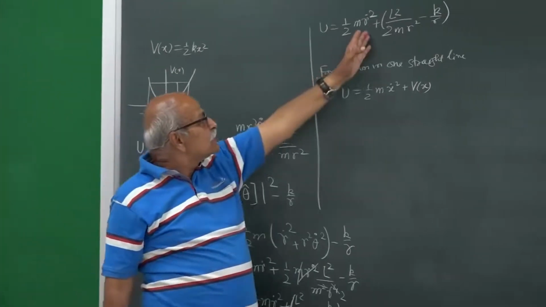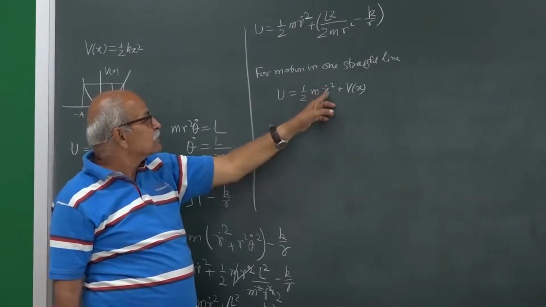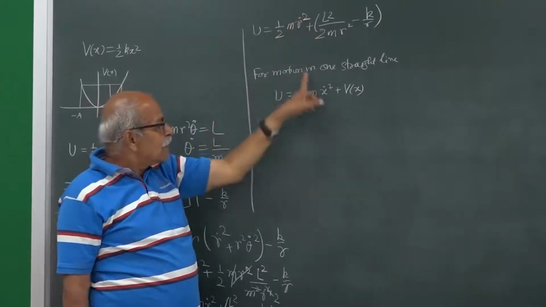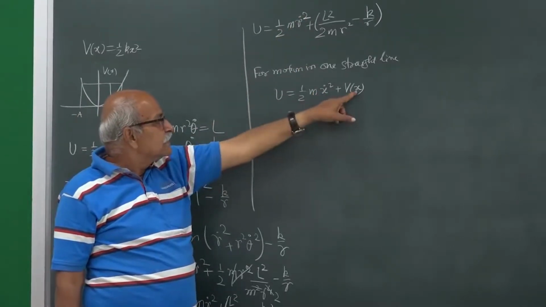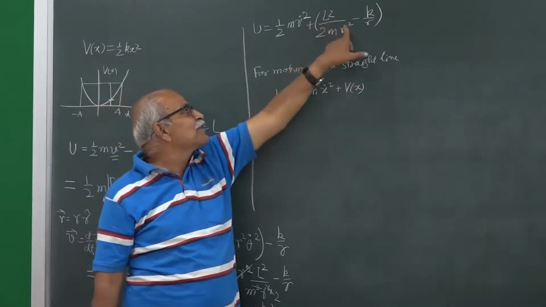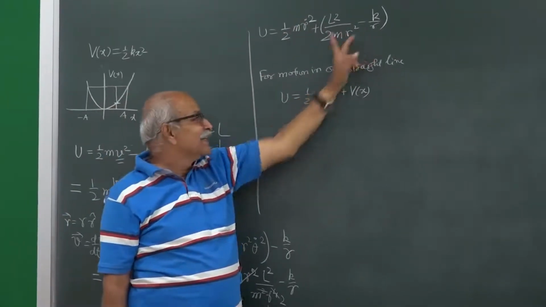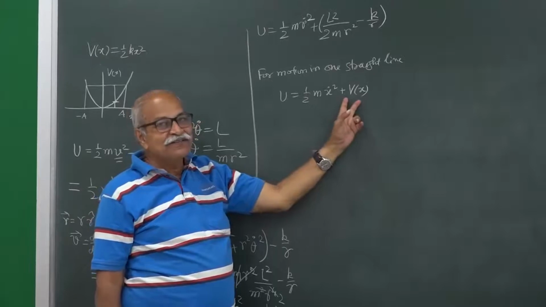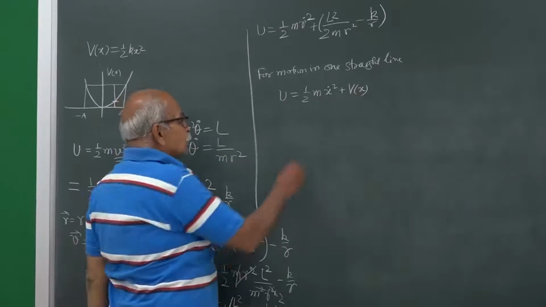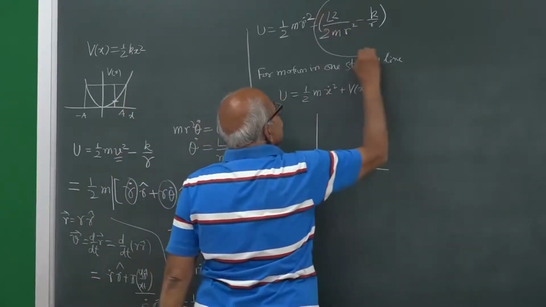Now, this equation is somewhat of this type: half m r dot square here, and half m x dot square there. It has r dot and some function of r here, and x dot and some function of x there. So, you can draw a diagram where this quantity is plotted.